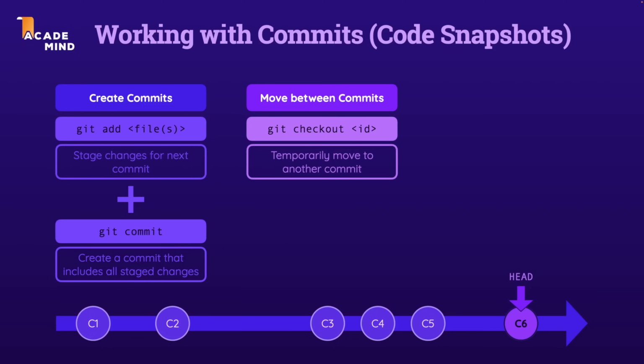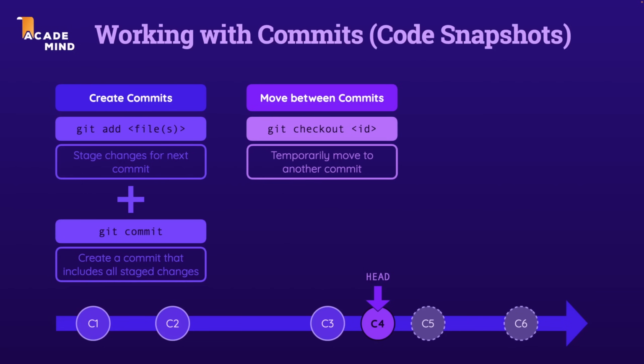And when using git checkout and, for example, loading the commit C4 on this slide, Git would move this pointer to that commit and would load the contents of all the files that were part of that commit or that made up the Git repository at that point of time into our project.